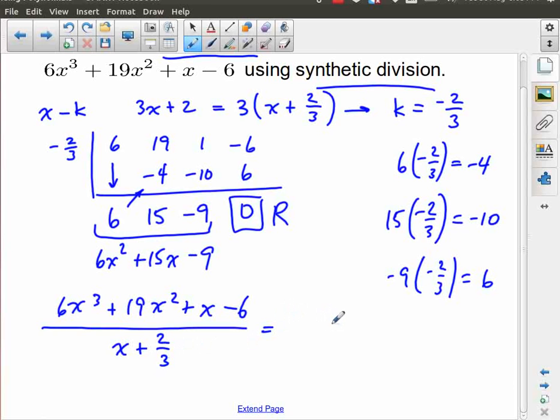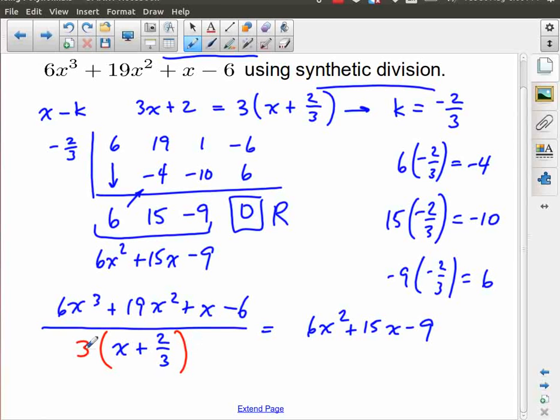And my answer to that was 6x squared plus 15x minus 9. But dividing by 3x plus 2 is not the same as dividing by x plus 2/3. It's the same as dividing by 3 times x plus 2/3.